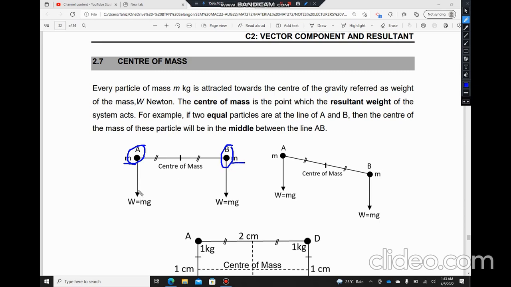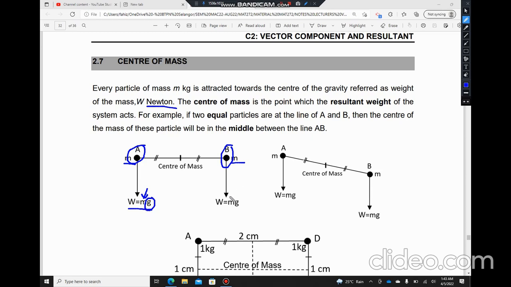At point A and B, we have a weight W equals to mg, and the unit for weight is Newton. Newton sebab kalau m saja, unit dia adalah kilogram. Since we multiply by gravity, we get the unit for weight is Newton.